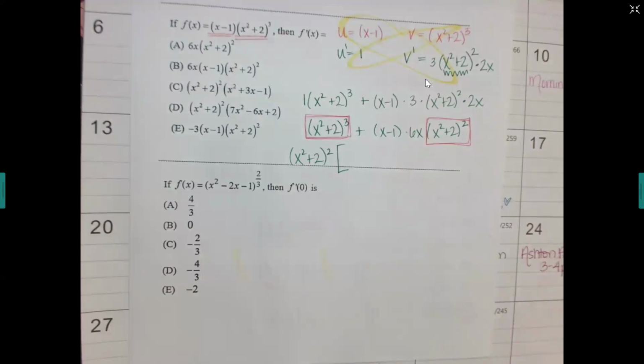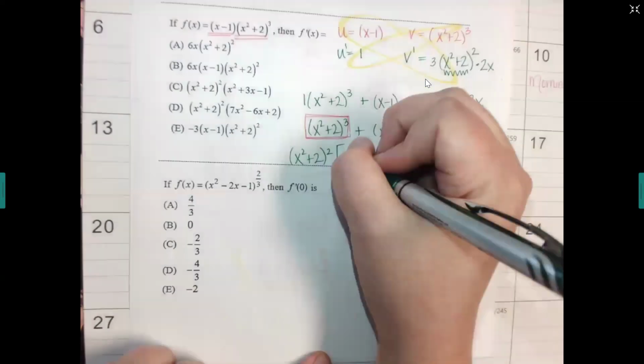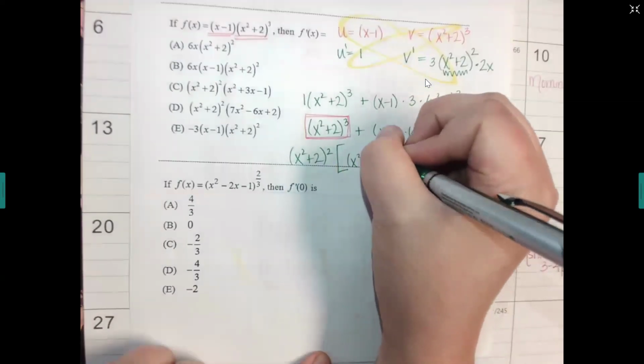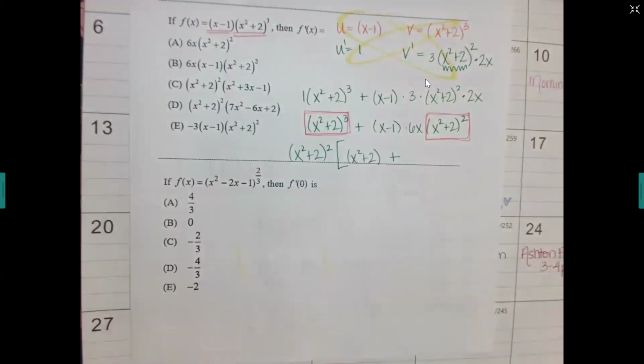So from my first term, it was an x squared plus 2 to the third power. I'm taking 2 of them out. So what's going to be left over? 1 more x squared plus 2. And then from my second parentheses, I'm going to have an x minus 1 and a 6x. I'm going to go ahead and just times those together so I don't have parentheses in my bracket.